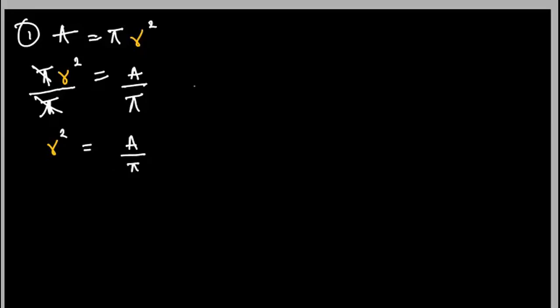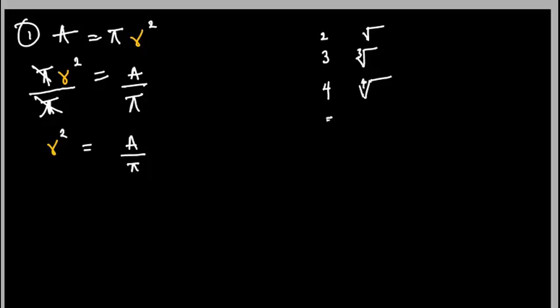For me to remove a square, I need the square root. And also to remove a cube, we need the cube root. To remove a fourth power, we need the fourth root.